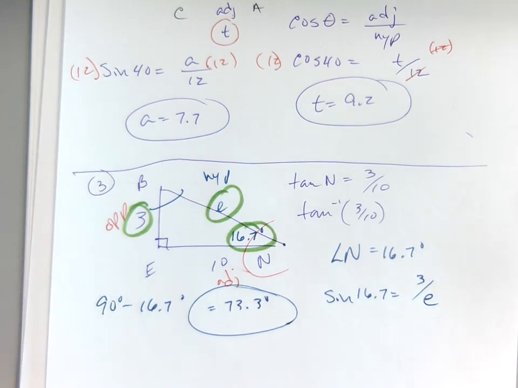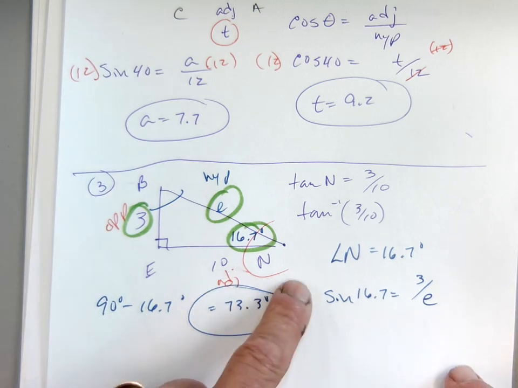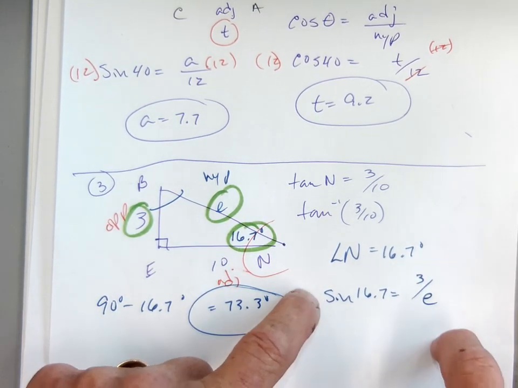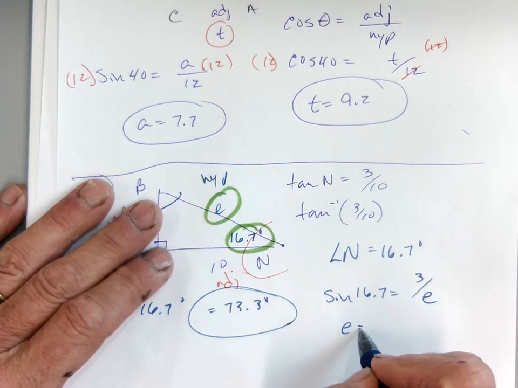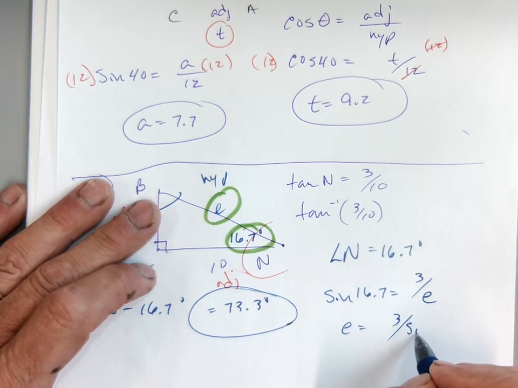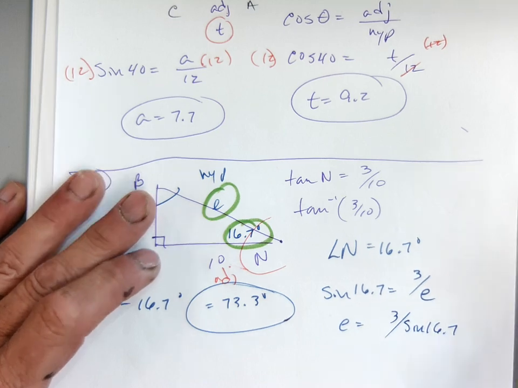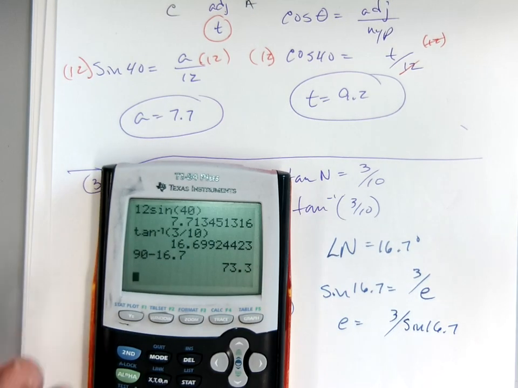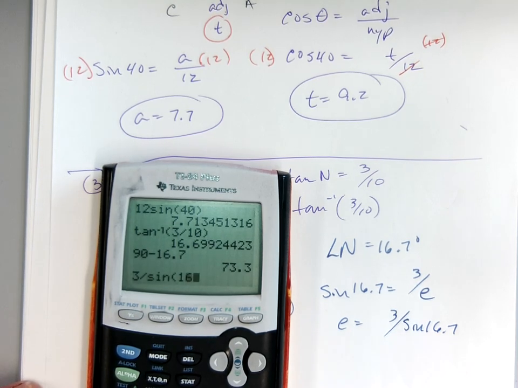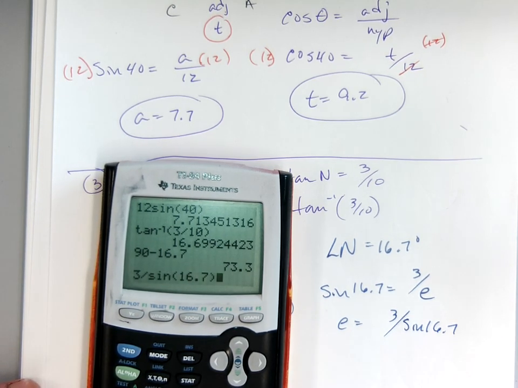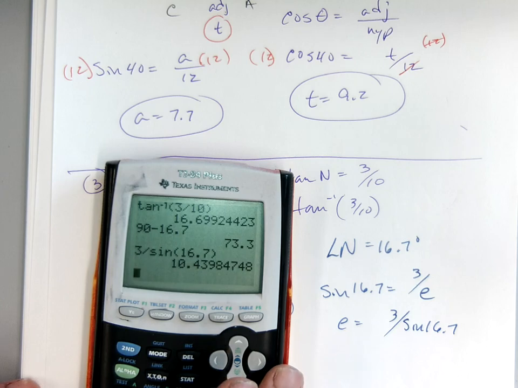If I'm going to divide to make it quick, I can multiply by the e, but then I'd have to divide by sine, so I just switch places with them. So little e is equal to 3 divided by sine of 16.7. Use my calculator. 3 divided by sine 16.7. And I get about a 10.4.